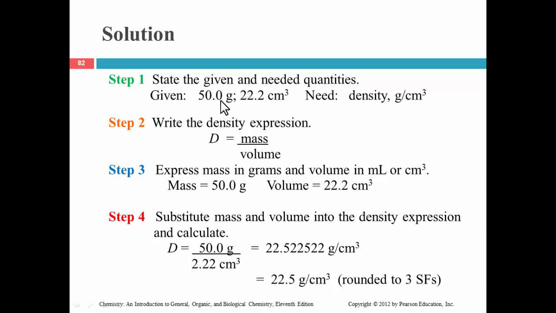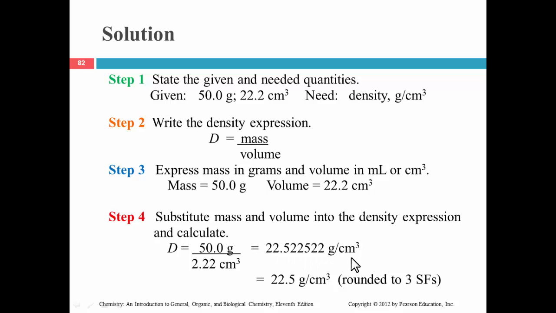So we were given the mass and the volume. We need the density. Density equals mass divided by volume. Thus, density equals 50.0 grams, the mass, divided by 2.22 cubic centimeters, the volume, and this equals this number here.